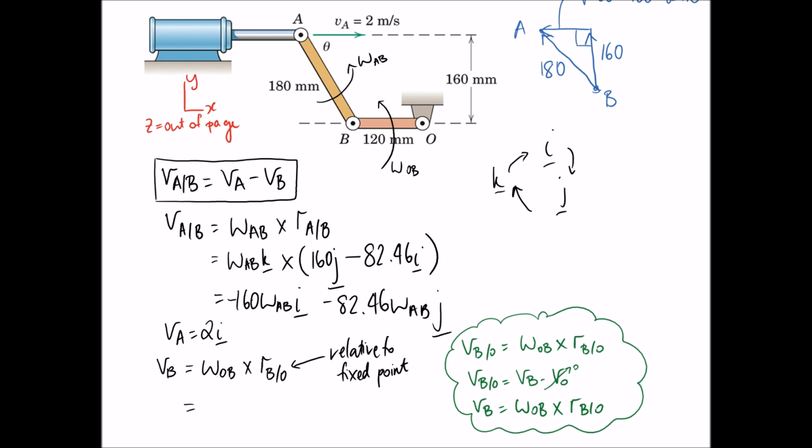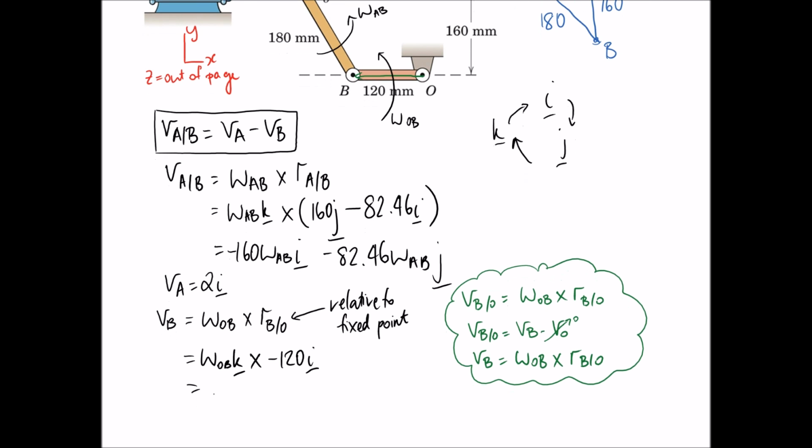So scrolling back down, I'm going to say omega OB k in vector form, multiplied by the relative radius, so it's B measured from O, so this is going to be in the negative x direction, so negative 120i, and if we simplify this down, it's going to become negative 120 omega OB, and k times i is a positive value, so the sign doesn't change and it just gets a j.